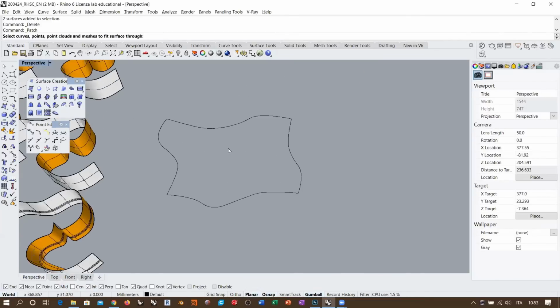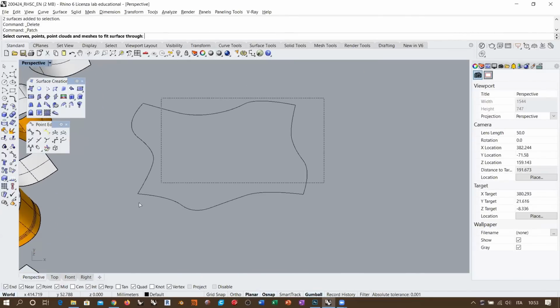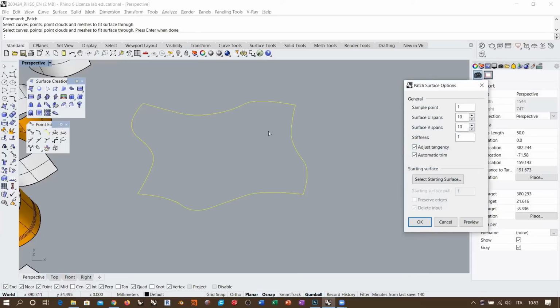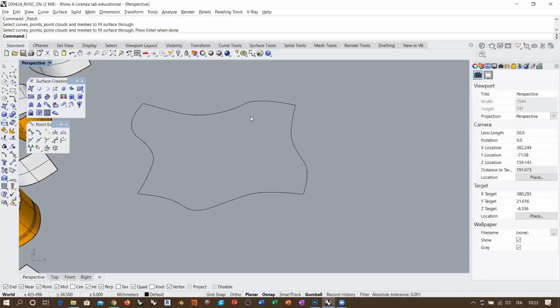Now, what does it mean? It means that if you take these lines here and press enter, the patch starts doing something like this. It takes these curves, distributes points along these objects, and then creates what is called a fit plane through points.